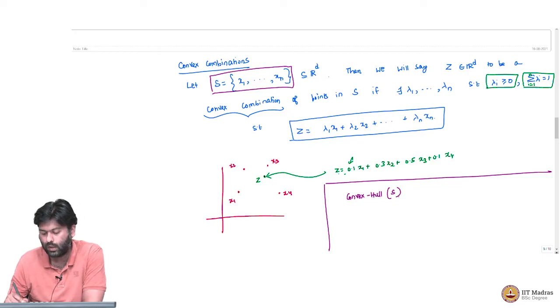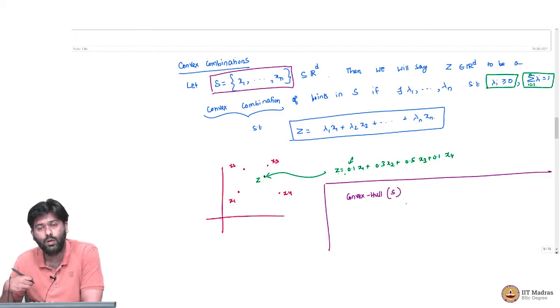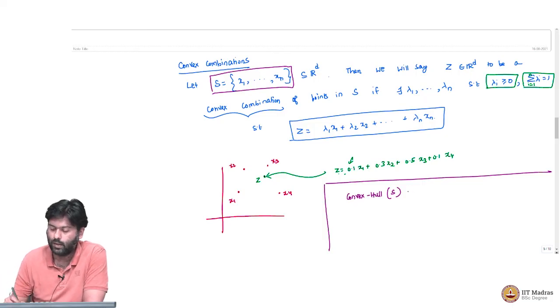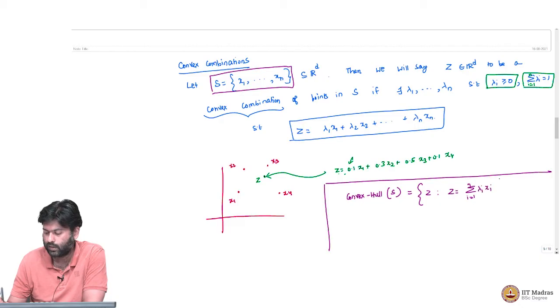Now, we are going to define a new set which we will call the convex hull of S as simply the set of all z such that z equals the sum over i equal to 1 to n of lambda i xi for some lambda 1 to lambda n greater than or equal to 0, with the sum over lambda i equals 1.